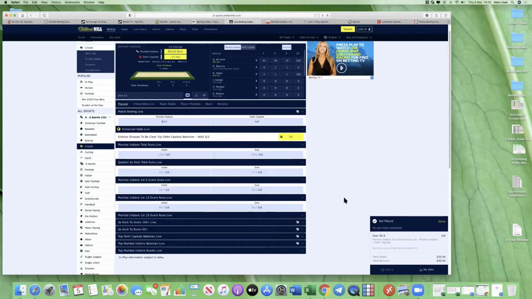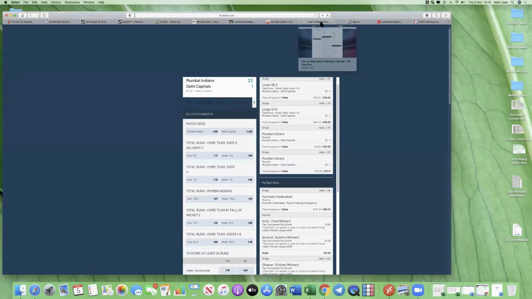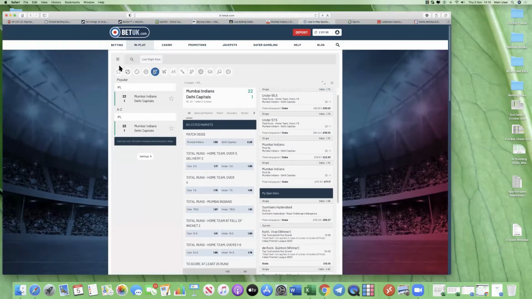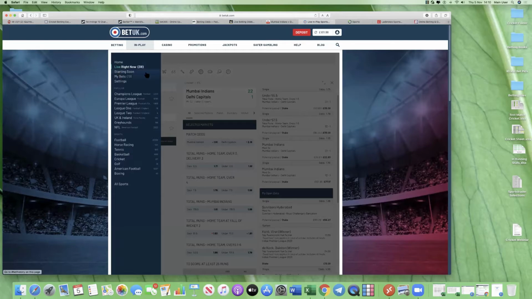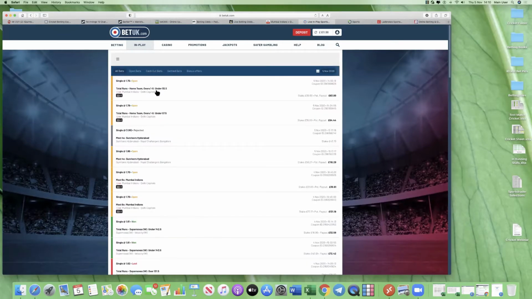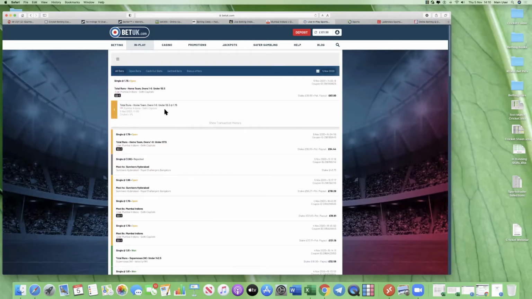Now, as you can see there, if you look at the screen, I've just backed £30 over 50.5 in the bottom right-hand corner of my screen. And I also added, with that UK betting, the under 55.5.